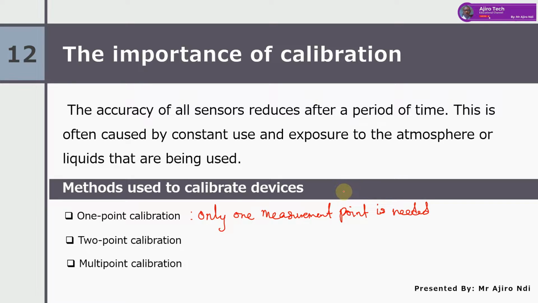In order to carry out a 1-point calibration, a reading is taken from the sensor in the range being measured and is compared with either a pre-calibrated sensor or a known value. So the sensor reading is subtracted from the known value, which gives the offset. This is very, very important.